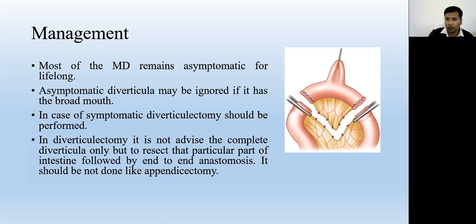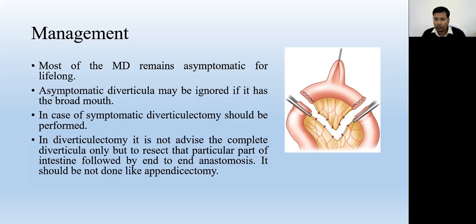Only diverticulectomy is not advised, because if you remove only the diverticulum, then after suturing, this part of the bowel becomes narrow, and after healing, fibrosis may create a stricture, so the lumen of the bowel becomes narrow.